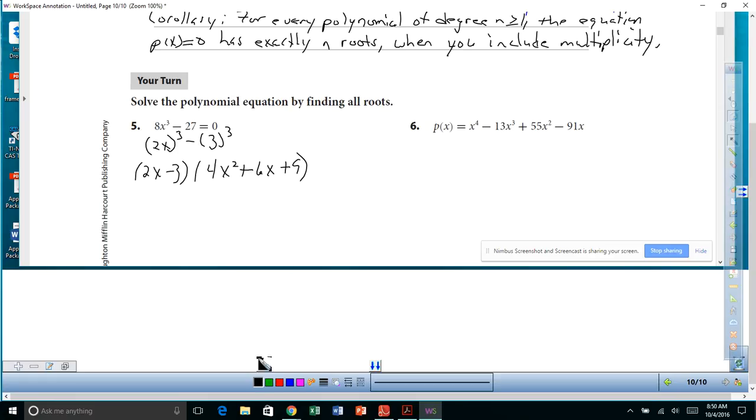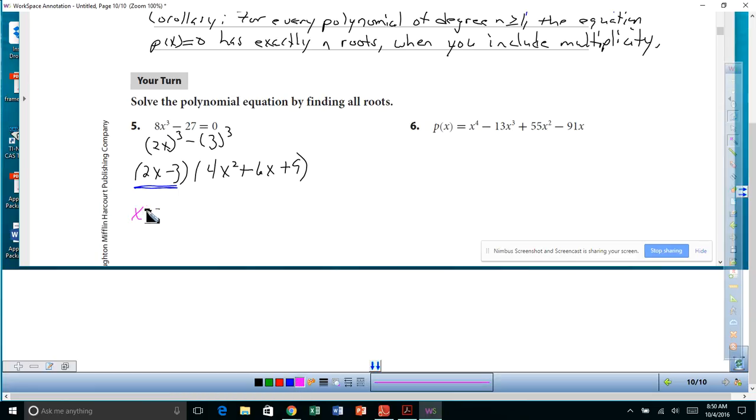So you have one real root here, 2x minus 3, and we already know that the quadratic is irreducible for real numbers, but there may be some irrational or complex number in there, so let's try that. And the way to do that is with the quadratic formula.